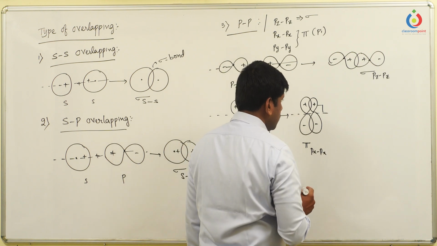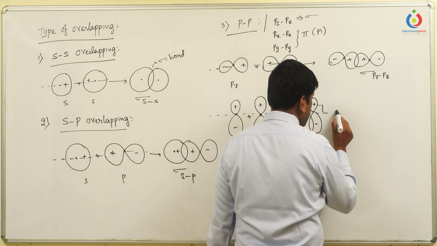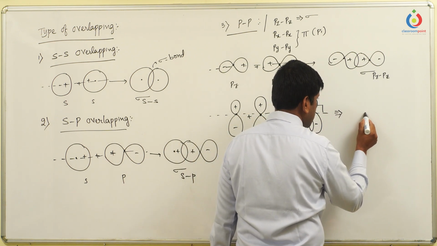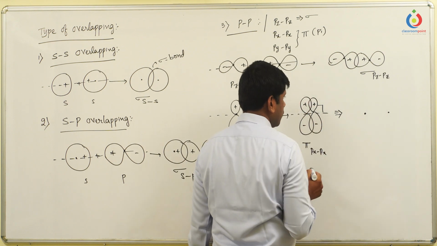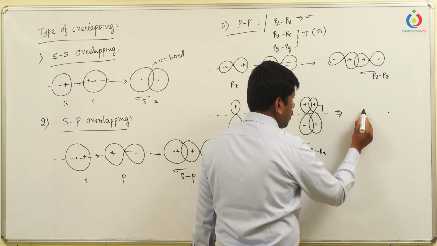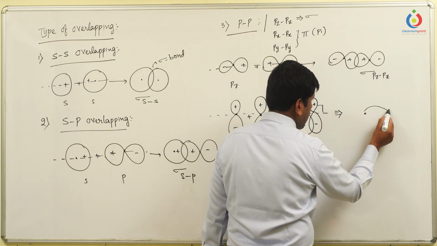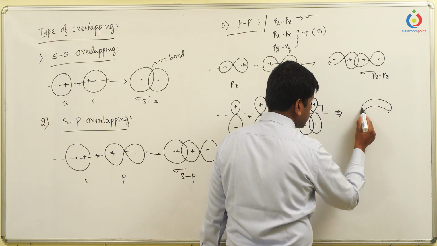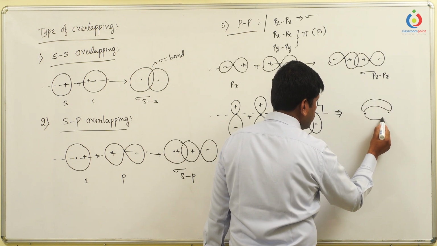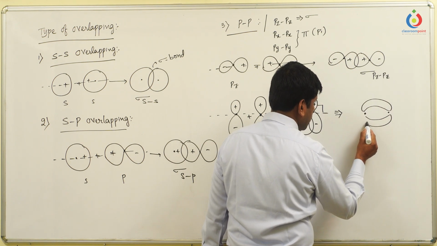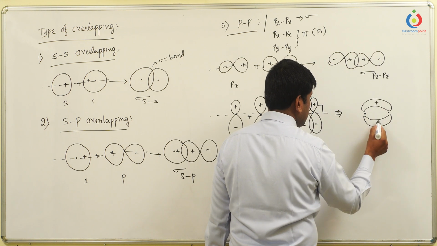This pi px bond can be represented as, imagine these are both nuclei. Electrons, positive lobes overlap like this, and negative lobes overlap on the bottom side, plus minus.